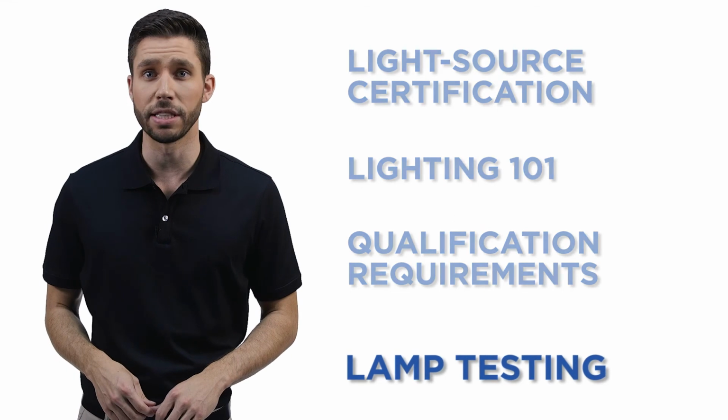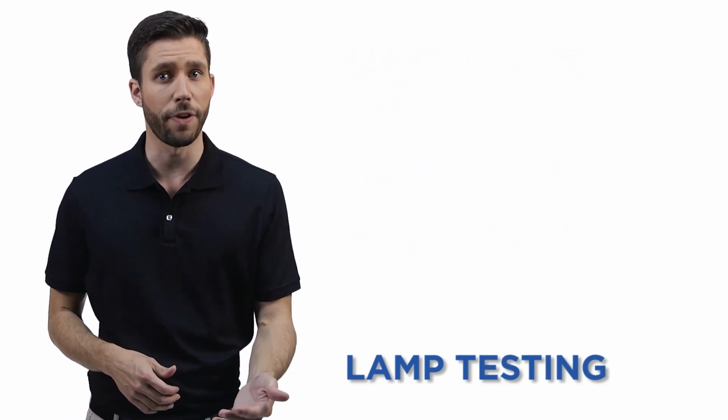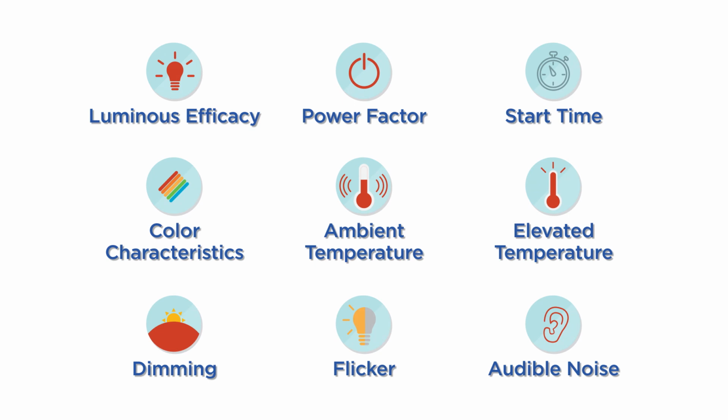The test results and submittal information is then submitted to the Energy Commission to certify that the product meets all JA8 requirements. The tests that must be performed by an accredited test laboratory include efficacy, power factor, start time, color characteristics, ambient temperature life, elevated temperature life, minimum dimming level, flicker, and audible noise. JA8 specifies all testing requirements that must be followed.